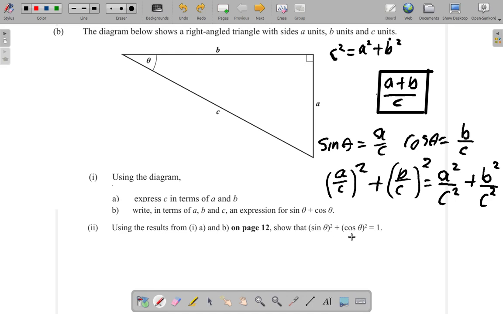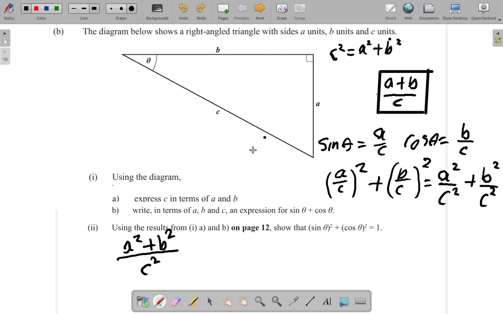Now, in this case, you have A squared, continue down here, A squared plus B squared over C squared. Now let's look at the answer to part A. Part A said A squared plus B squared is C squared.